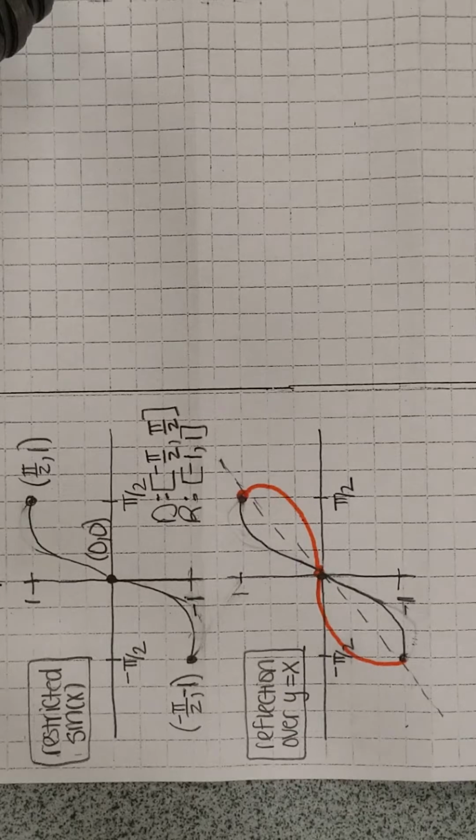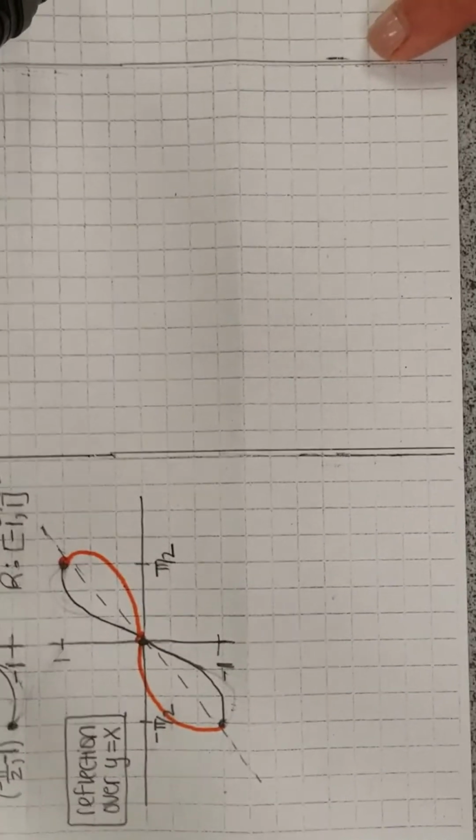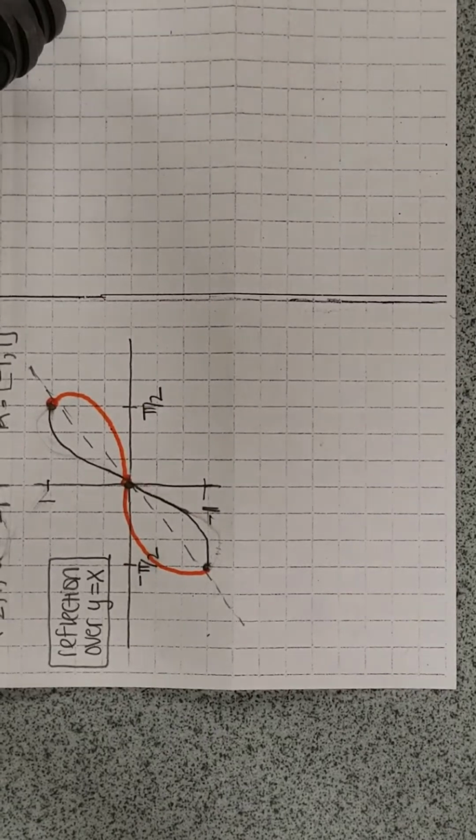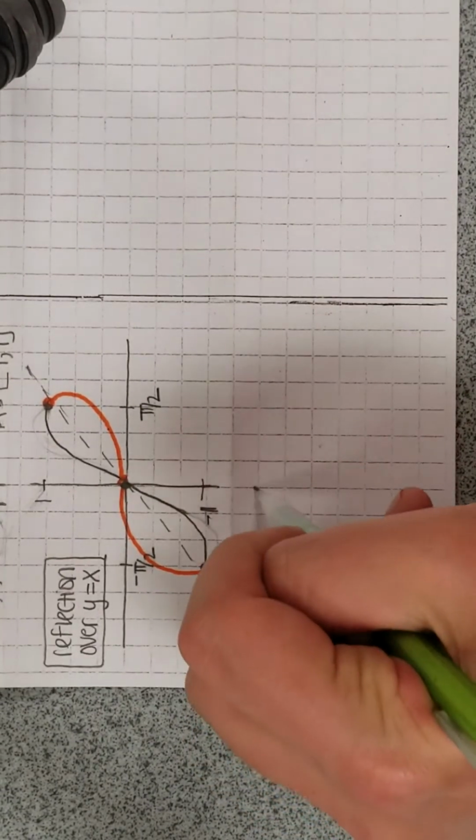The orange piece is what we're going to keep. So scrolling down to that last area, let's see what we're going to do.